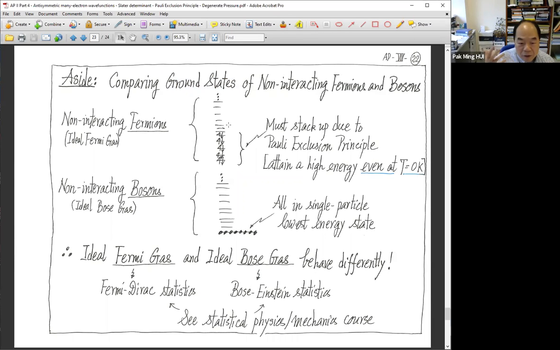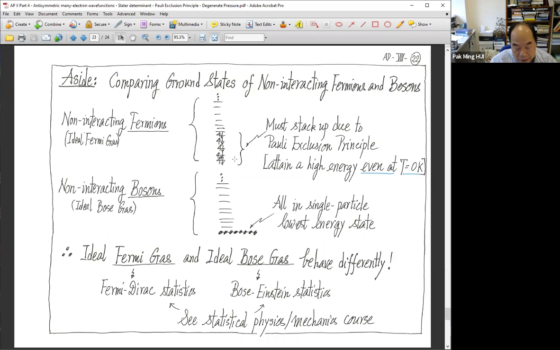Now, given that you have 10 fermions, 10 electrons, for example, even if they are not interacting, not Coulomb repelling, they obey the Pauli exclusion principle because they are fermions, because they have to obey the anti-symmetric wave function.